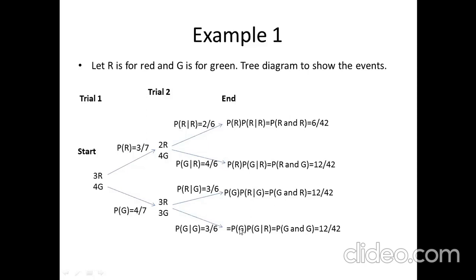Or we could also end up with a green in the first trial and again a green in the second trial, given the green was drawn in the first trial. So this would be the green and green situation, the probability of green intersection green, which is the probability of green multiplied by green given green. The total probability would be the product, that is 4 upon 7 into 3 upon 6, that is 12 by 42. Right? So we have these situations.